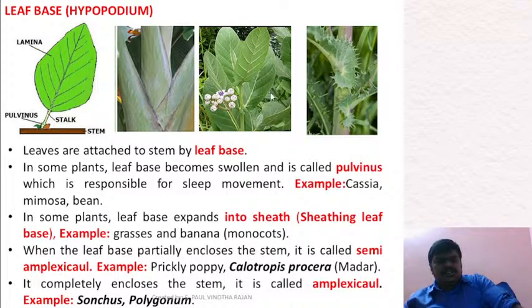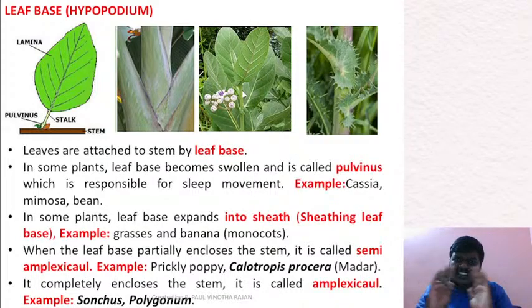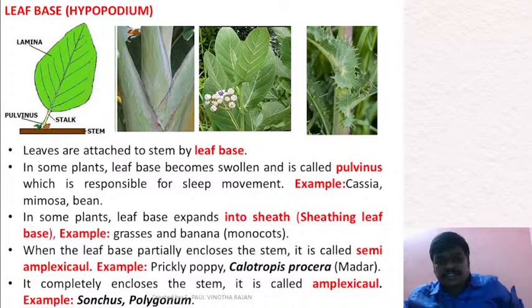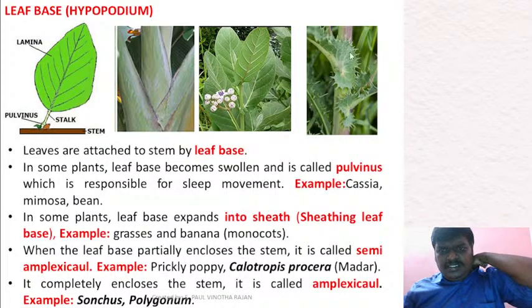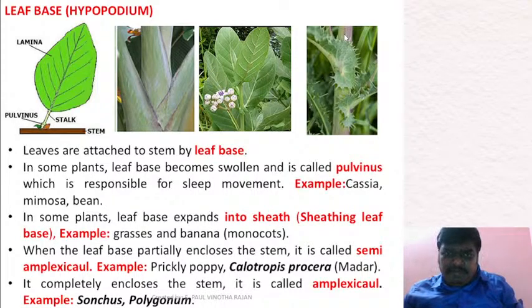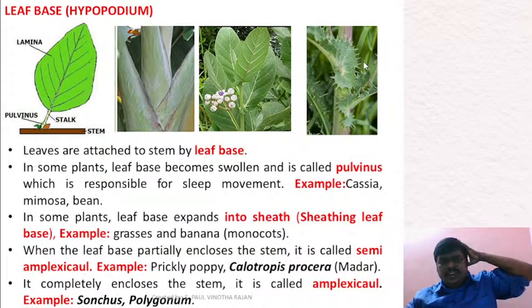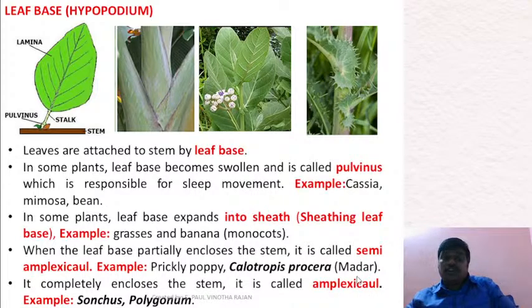If the leaf base partially encloses the stem, covers the stem, that is called semi-amplexicaul. Whereas if the leaf base completely encloses the stem, it is called amplexicaul.